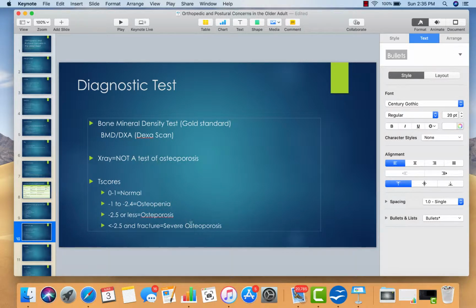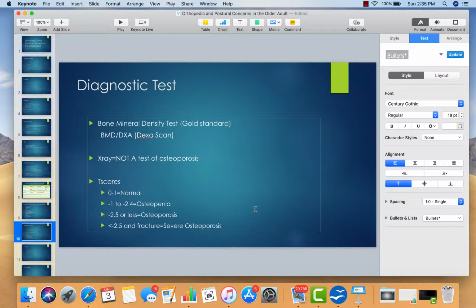And -2.5 or less is indicative of osteoporosis. Okay, less than -2.5 and a fracture would be severe osteoporosis.